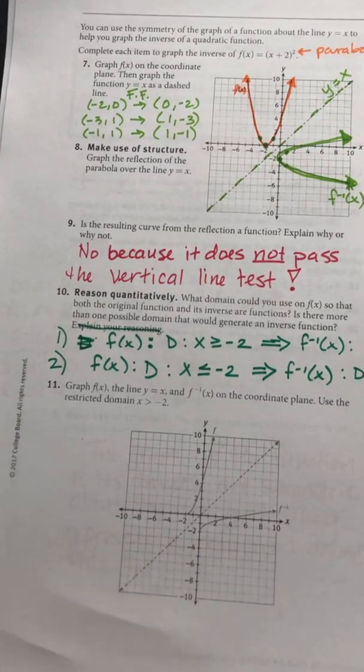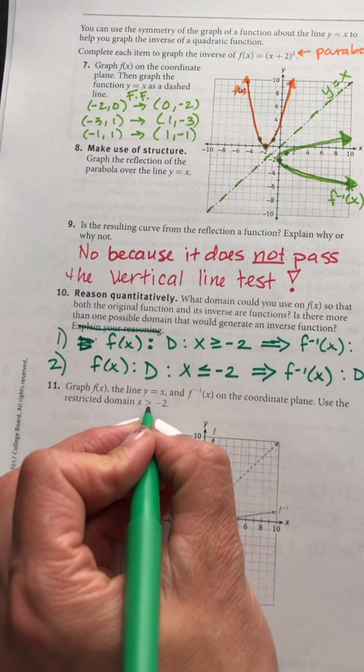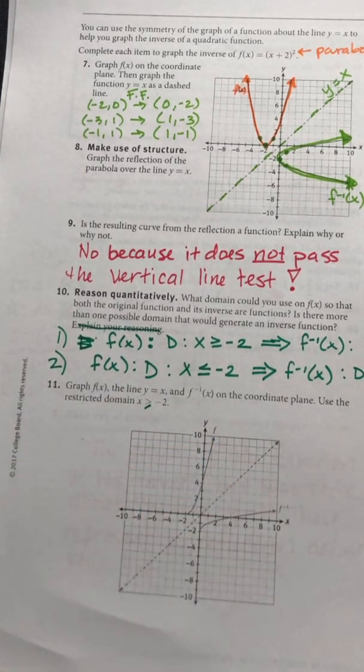Okay. All right, number 11, graph f of x, the line y equals x, and f inverse of x on the coordinate plane. Use the restricted domain x greater than or equal to -2. Okay, so on the graph, we already have it there. They graphed it for us.